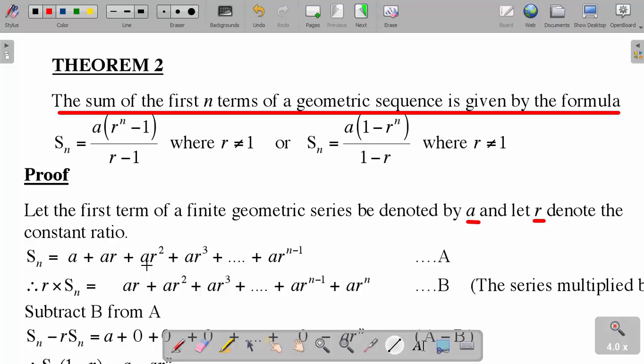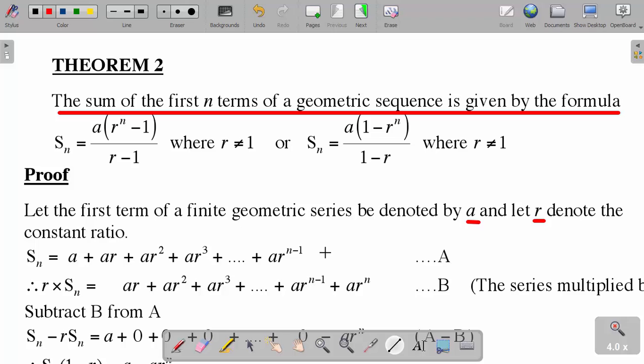Again AR squared times R gives me AR cubed. And again AR cubed times R gives me AR power 4. Up to the last term, which was AR power n minus 1 times R, which gives me AR to the power n.